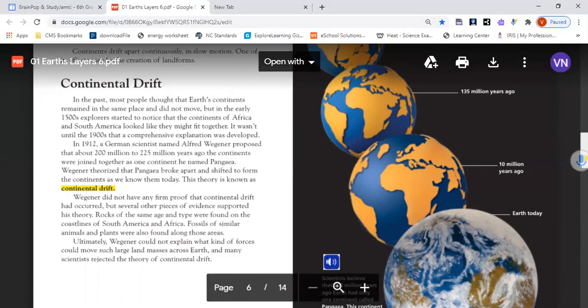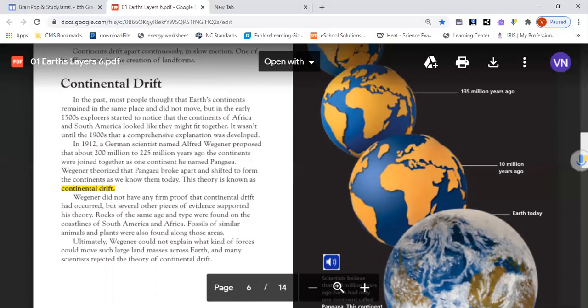In 1912, a German scientist named Alfred Wegener proposed that about 200 million to 225 million years ago, the continents were connected together, and he named it Pangea. According to Wegener, the continents were connected together, and he used the word Pangea for it. Wegener's theory was that Pangea broke apart and shifted to form the continents as we know them today.